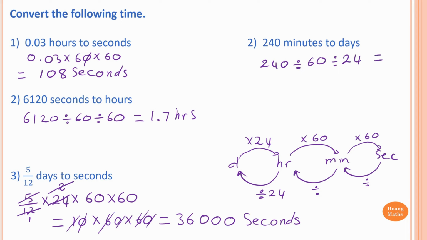I cancel this first, so that gives me 24 divided by 6. 24 divided by 6 is 4. So that becomes 4 divided by 24. I can write it out as a fraction. It's exactly the same. So I can simplify it to give me 1 over 6. So 240 minutes is equal to 1/6 of a day.